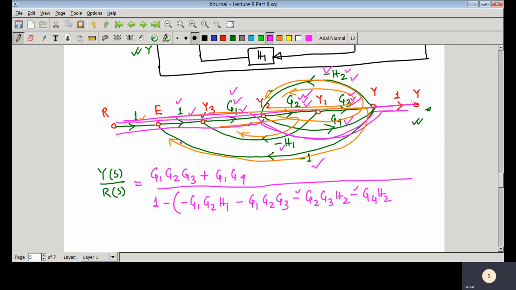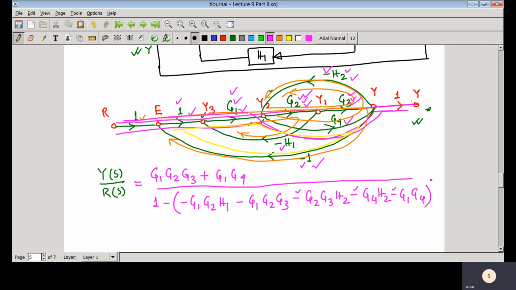Here you can see this is another loop, which I am marking in yellow. So that is minus G1 G4, and here minus 1 is there.